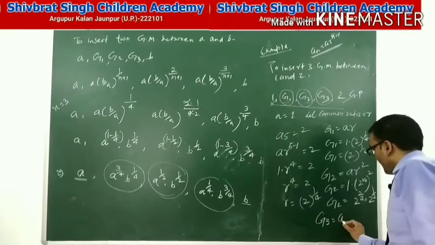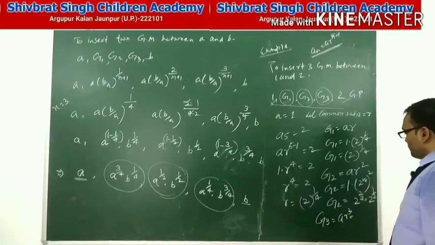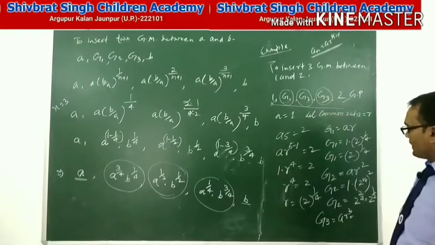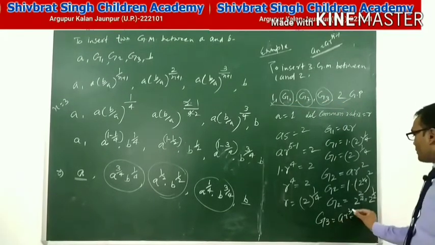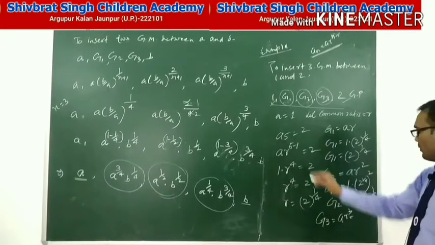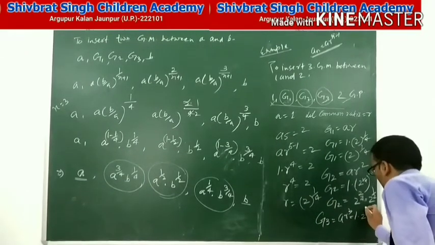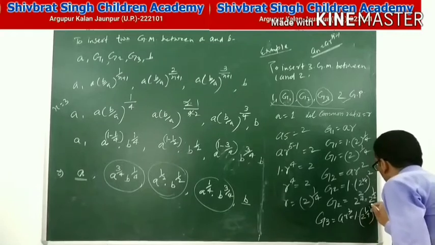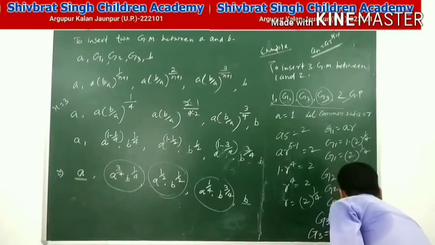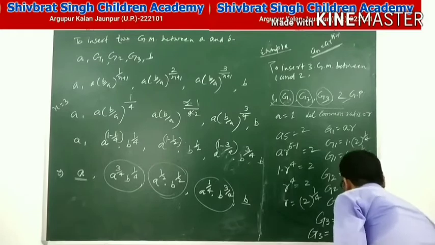G3 is the fourth term of this GP, so G3 is equal to a r to the power 3, with a equal to 1 and r equal to 2 to the power 1 by 4, raised to the power 3. G3 is equal to 2 to the power 3 by 4.